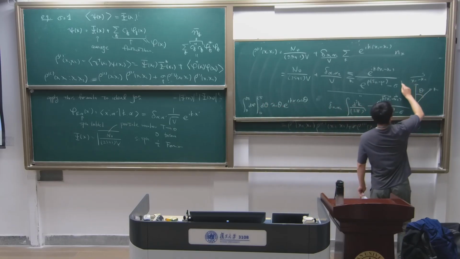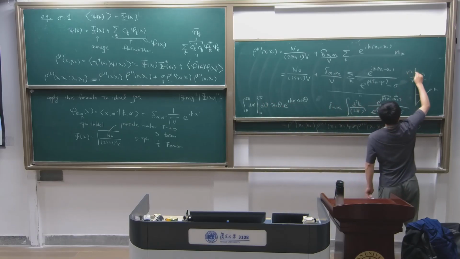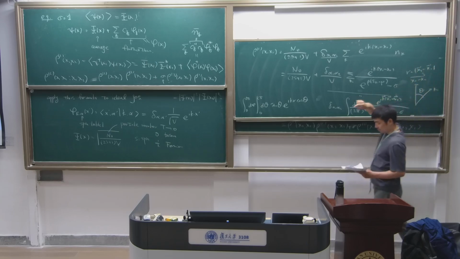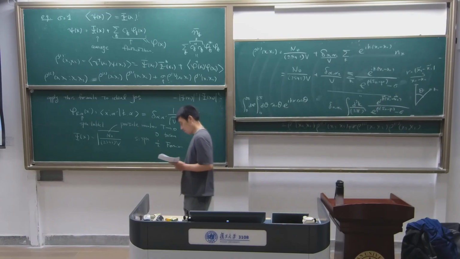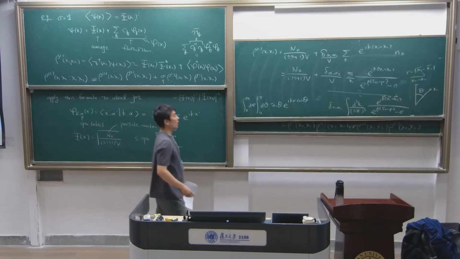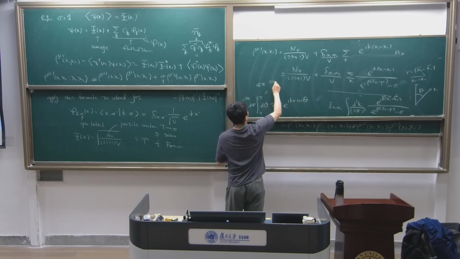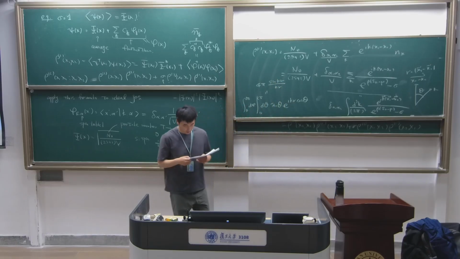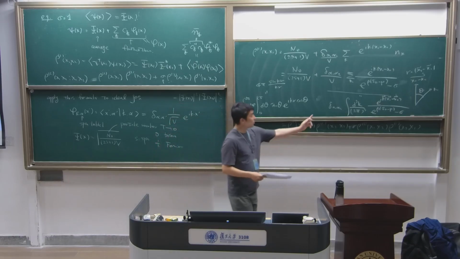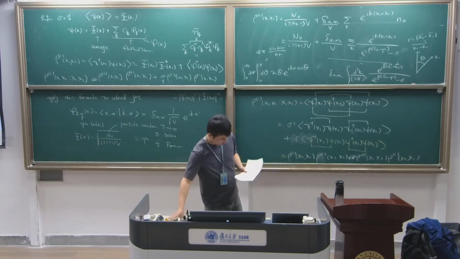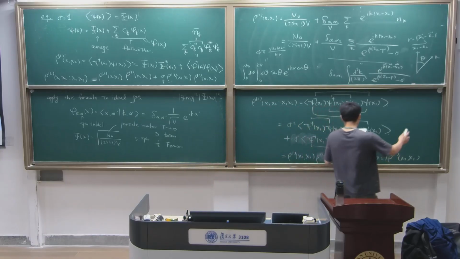Here R is the absolute value of the relative vector between x and y. And this angular dependence integration can be performed easily, giving sin kr over kr. So then plug back into here and perform the integration.